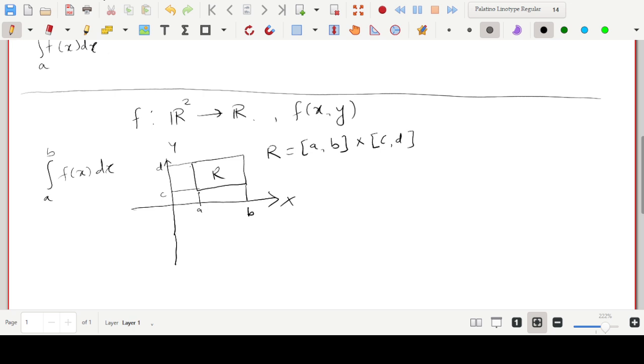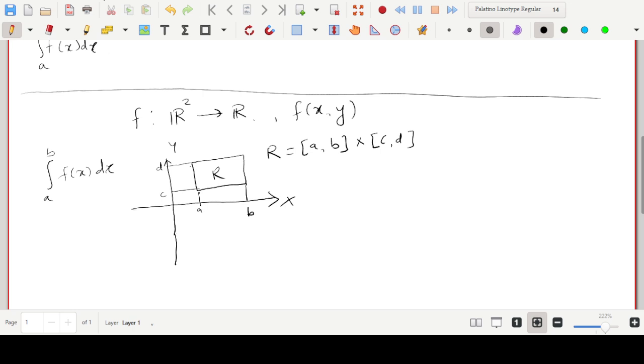This will be useful to us. But now the first question is how to define the integral of a function of this sort, f of x comma y, which we assume is continuous, so that it is integrable.